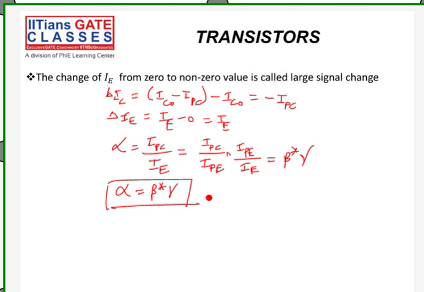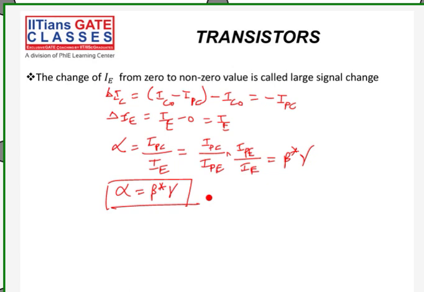So this expression we need to remember: the large signal current gain is equal to transport factor into emitter efficiency. That is the only expression we need to remember. I think it is clear. Both beta star and gamma are less than 1, so alpha will be less than 1. Remember, so that is the large signal current gain alpha.